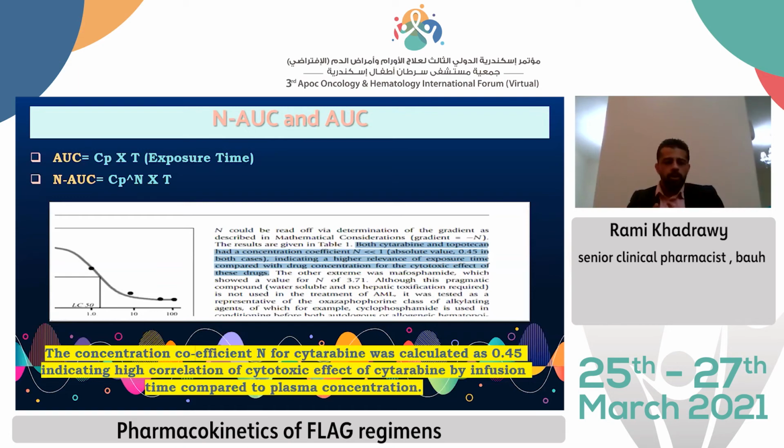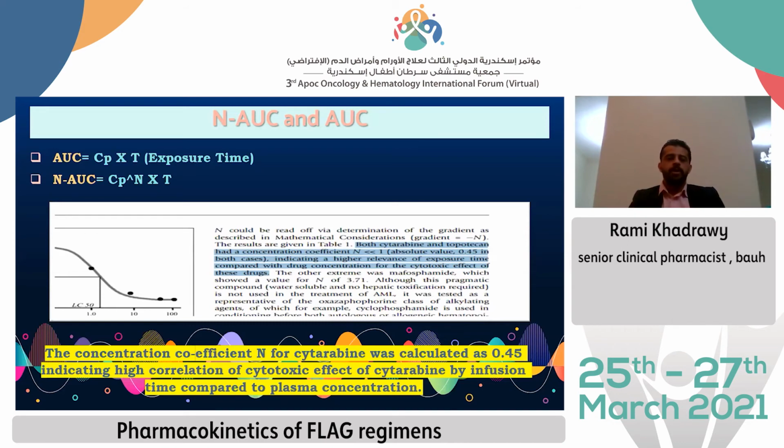If n is close to 1, that means that the concentration of plasma and the time of exposure have equal significance to obtain the iso effect. If n is higher than 1, that means that concentration has a more relevant value to reach the same iso effect.